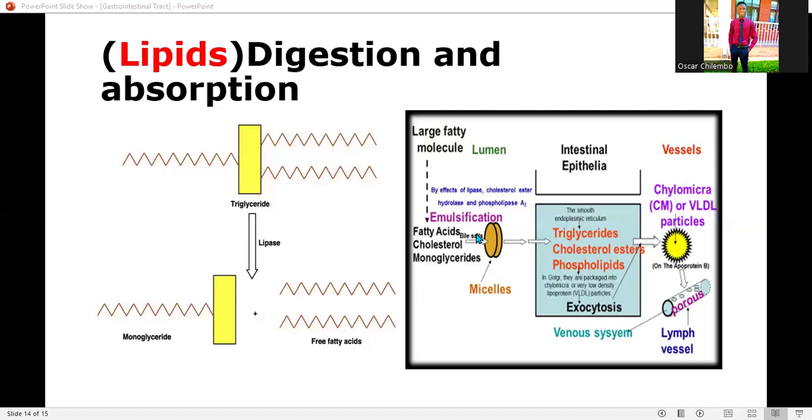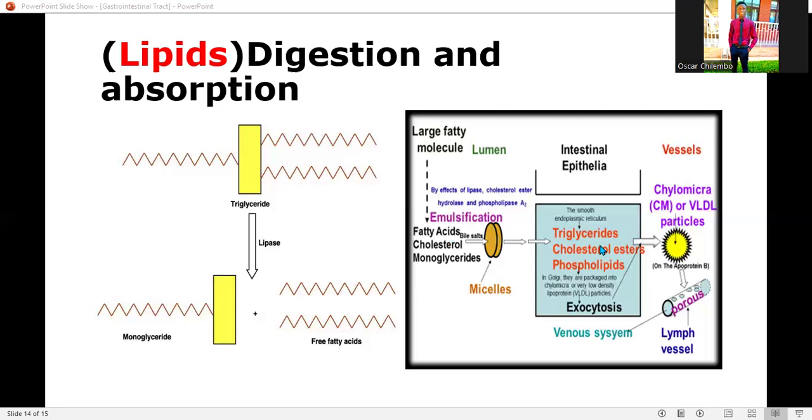Now, what happens is that this micelle does not get to be absorbed as a whole. So this bile salt and other components like protein do not get to be transported into the enterocyte. The bile salt and protein detach themselves, only allowing fatty acid, cholesterol, and monoglycerides to enter inside by the process of carrier-mediated transport.